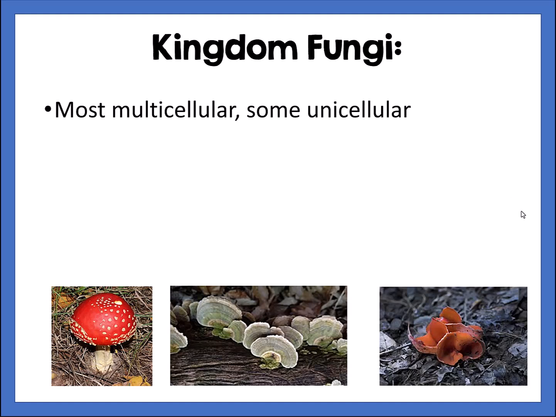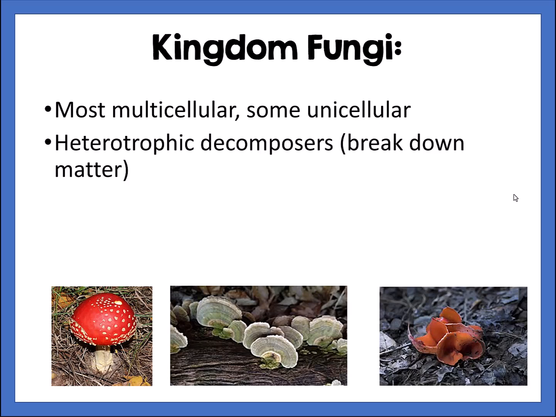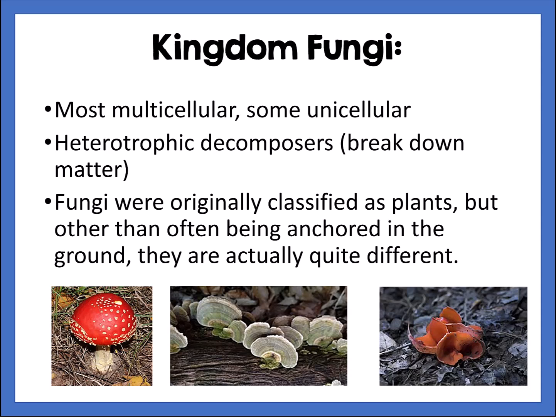Kingdom fungi are mostly multicellular. There are a few unicellular ones, like yeast is a unicellular fungus. They're heterotrophic decomposers. In other words, they break down matter. And fungi were originally classified as plants. But other than often being anchored in the ground, and not even always being anchored in the ground, they're actually quite different from plants.